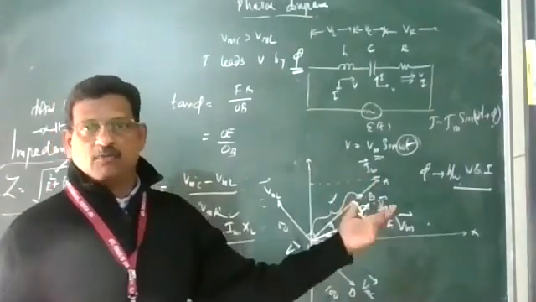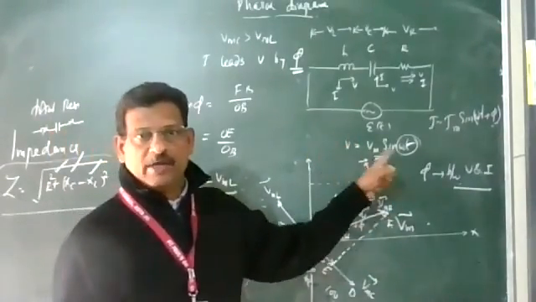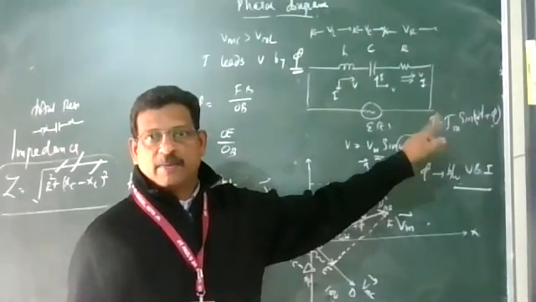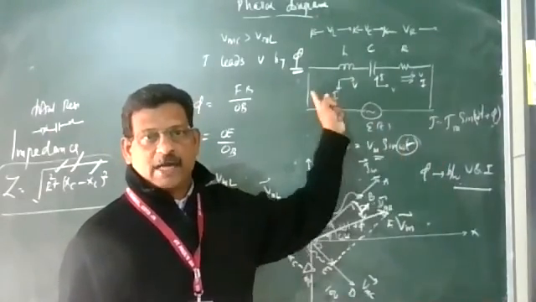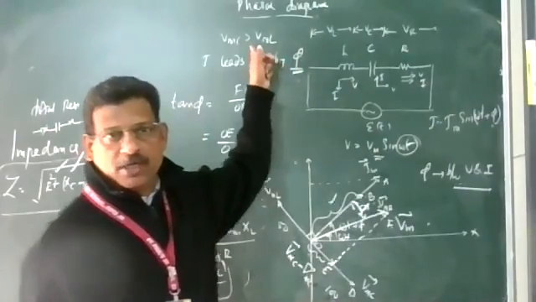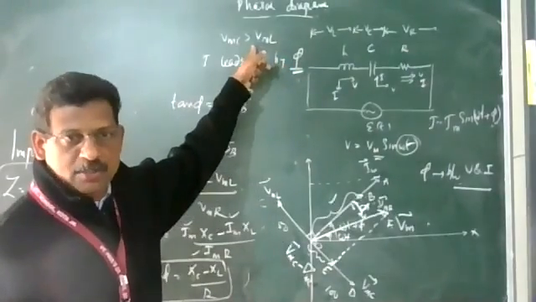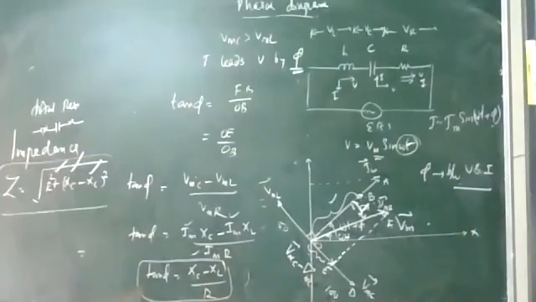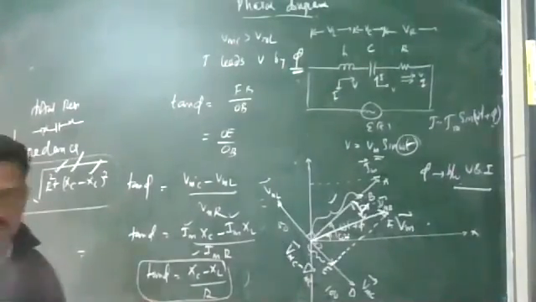What is the relation? V equal to Vm sin omega t, then I equal to Im sin(omega t plus phi). As per the diagram, the condition is capacitor voltage greater than inductor voltage, and the maximum current is Im equal to Vm by Z, where Z is the impedance, and tan phi is XC minus XL by R. So this is the first case.